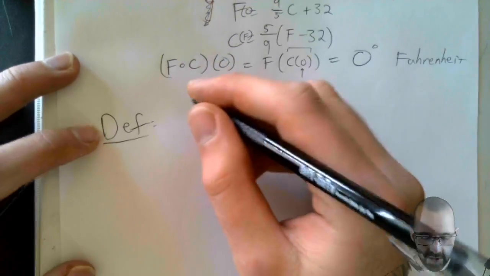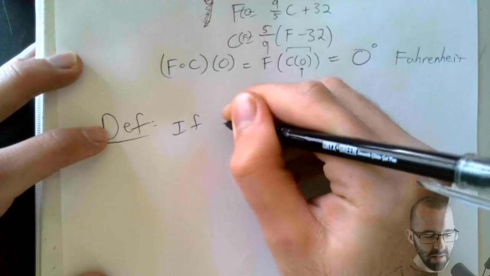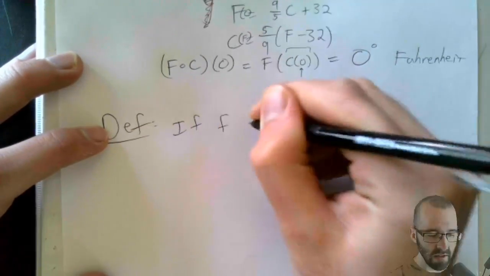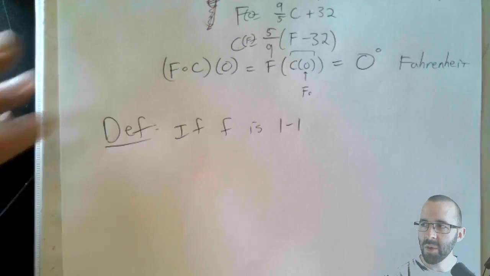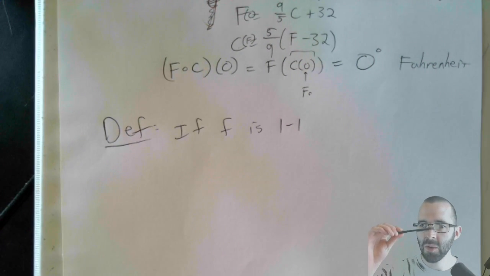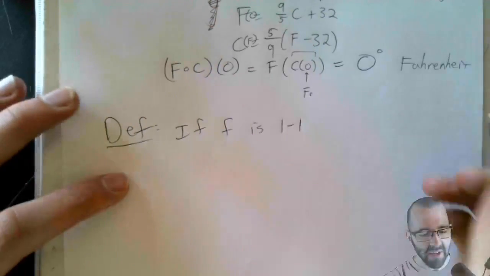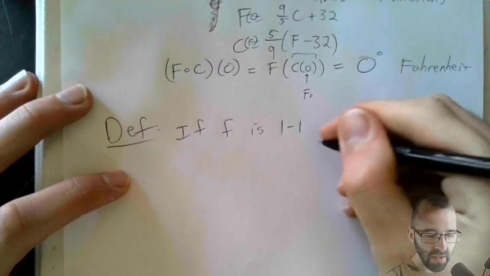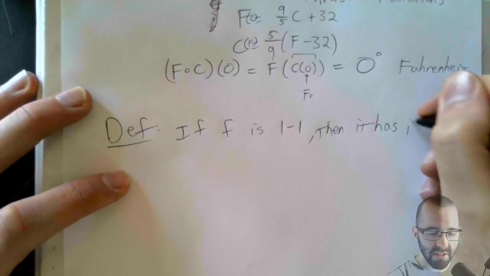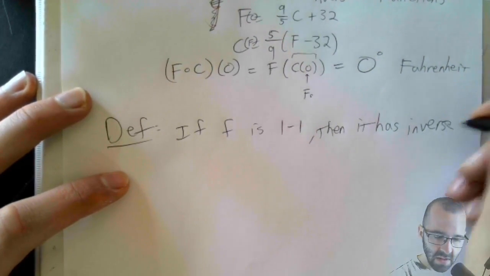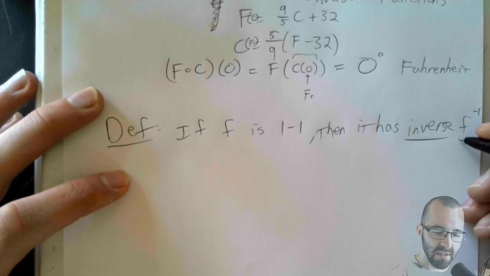Oh well. So, definition. If f is 1-to-1, remember what 1-to-1 means? Horizontal line test. So if f is 1-to-1, then it has an inverse, and we call that inverse f inverse.